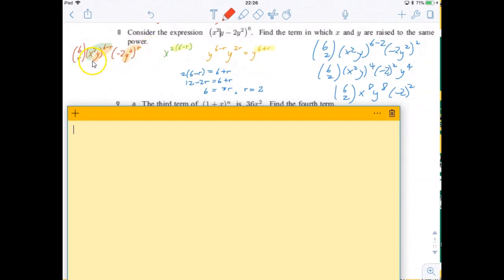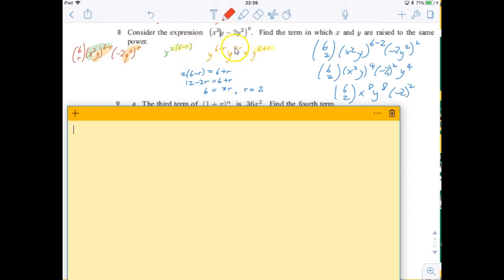Now what I did here is I separated the variable components from the number components. I left the number components white, and I took the variable components and colored them. The variable component x was colored green, and the y component was colored orange. Then I took the green part, which is x squared to the 6 minus r, and the orange part, which is y to the 6 minus r times y to the 2r.